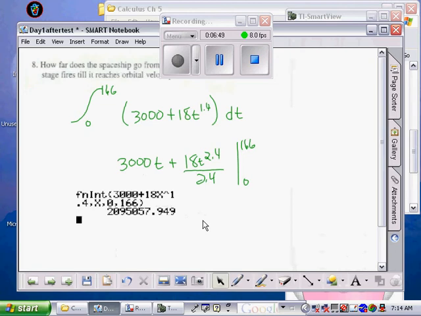You have to plug in the original, though. Oh, yeah, this calculator won't. You can't just plug in 3,000 plus 18t to the 1.4 and tell it to find the antiderivative and have it come up with 3,000t plus 18t to the 2.4 divided by 2.4. It won't do that. Yeah, it has to be a definite integral for the calculator to handle it.